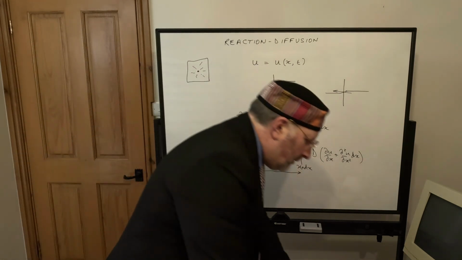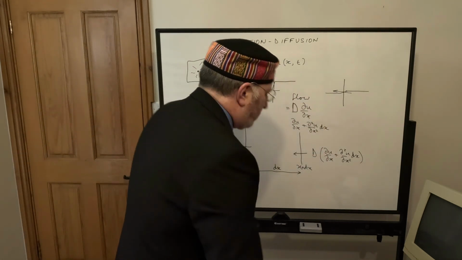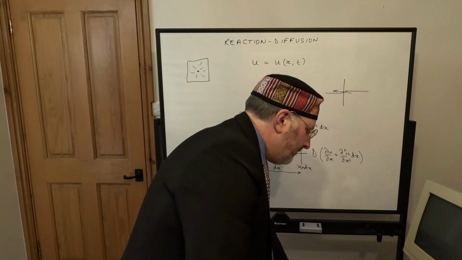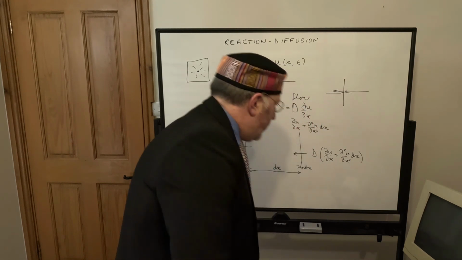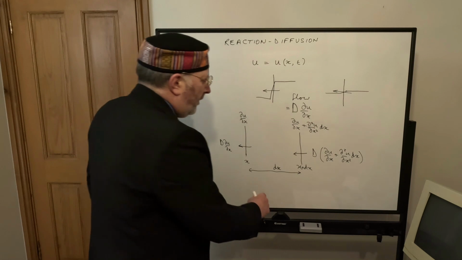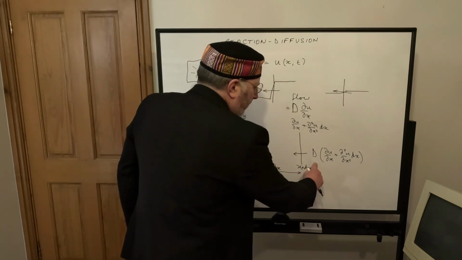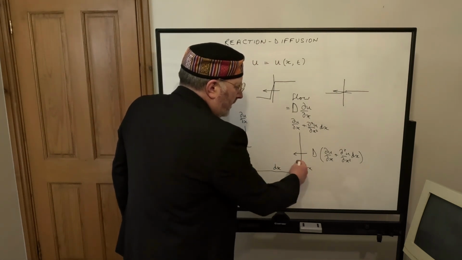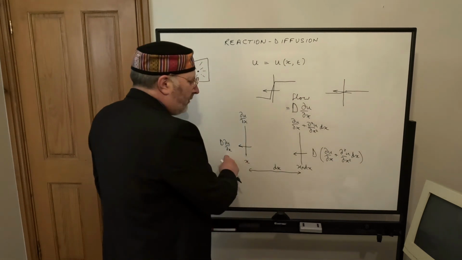And the net flow then will just be the difference between these. So it's flowing in is this and flowing out is that.